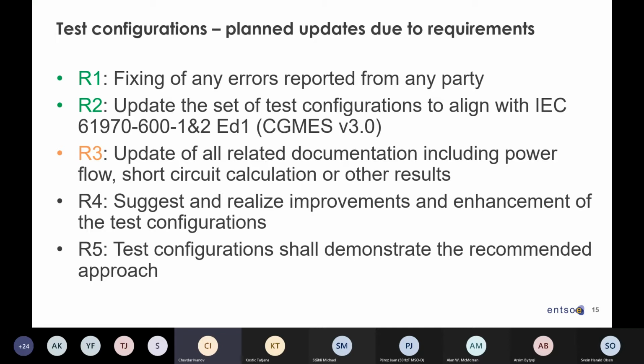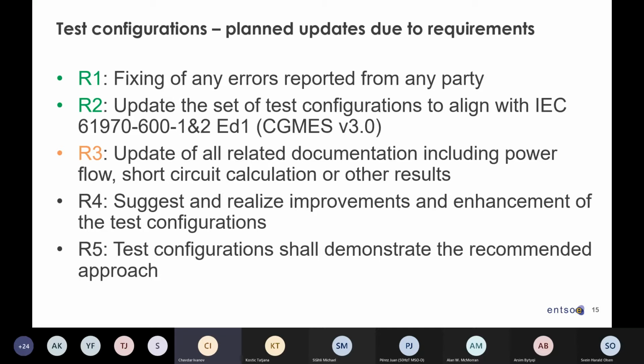And as you already have seen what is done so far, you get kind of a picture of what still needs to be delivered. So let's go more or less one by one. So the first one is obviously fixing of any errors we had in the test configurations before. So far, this appears as covered. At least we don't have feedback that indicates some major issues coming from the past.